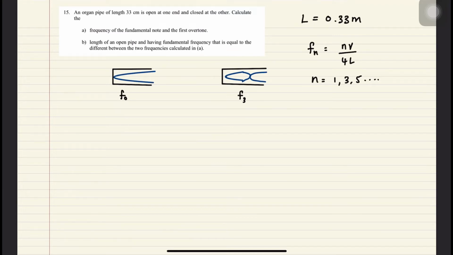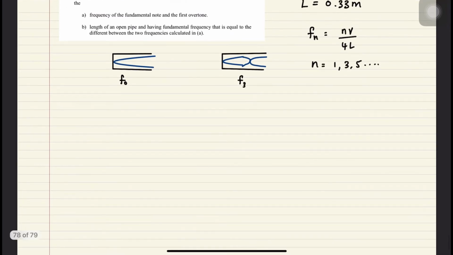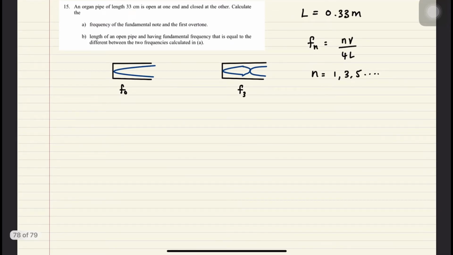Okay, where you have 3/4 lambda in the first overtone. Okay, so to calculate, you don't have to actually draw it. You can simply use the formula as long as you understand the concept.